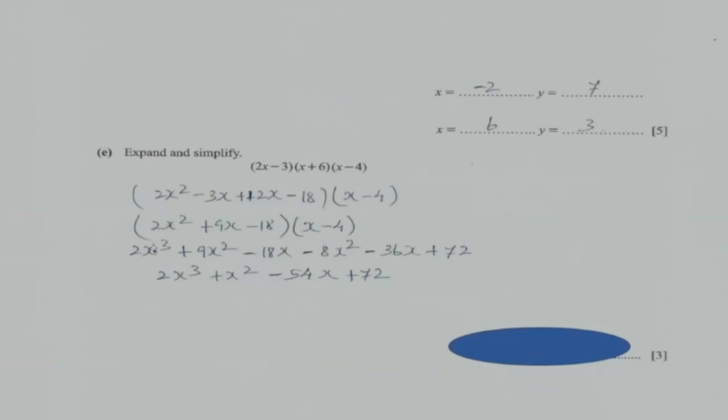So 2x cubed, 9x squared, minus 18x. Then minus 8x squared, minus 36x plus 72. Then 2x cubed, 9 minus 8, 1, x squared, 18 plus 36, 54x plus 72. Answer is like this.